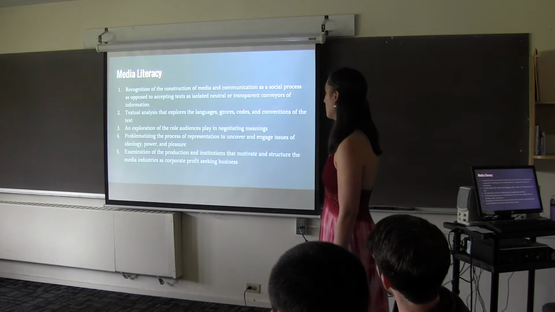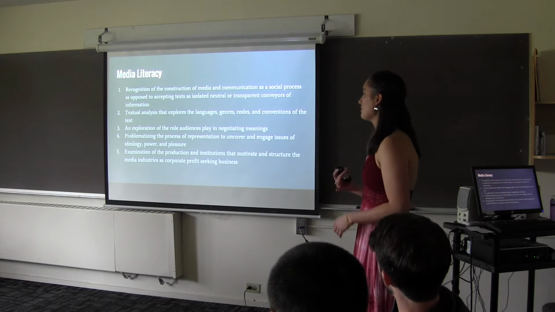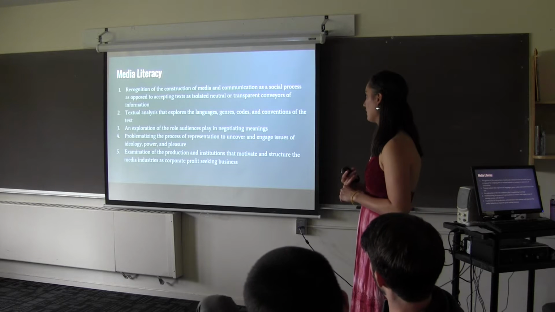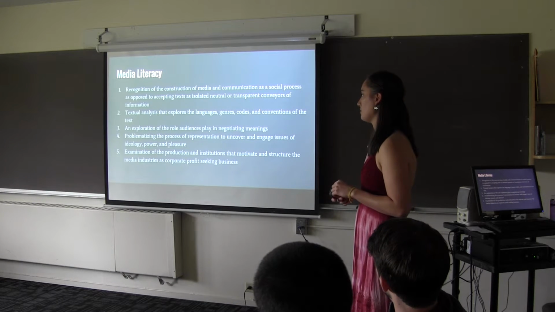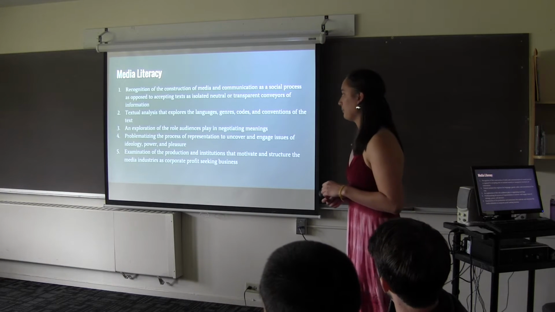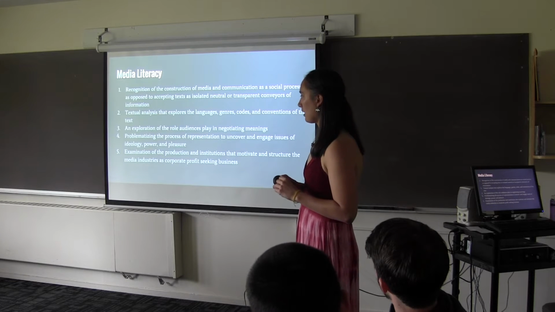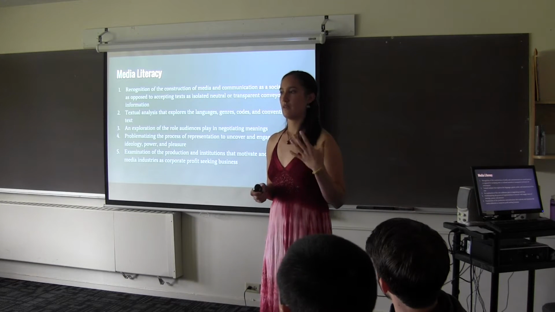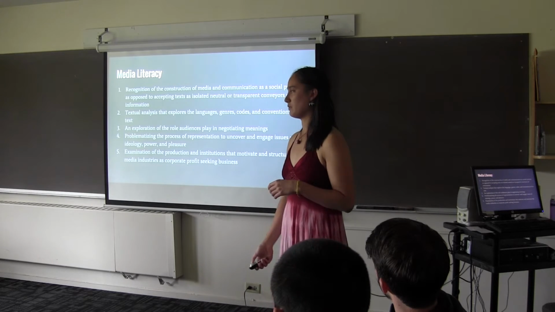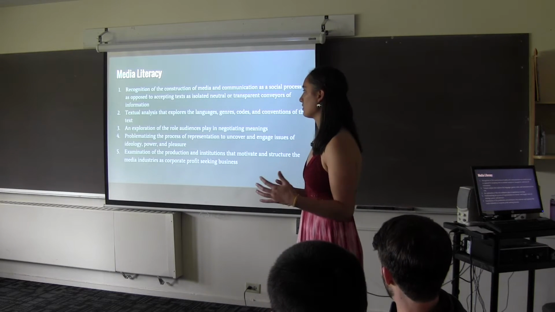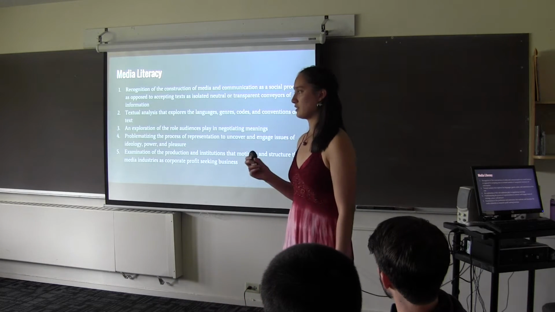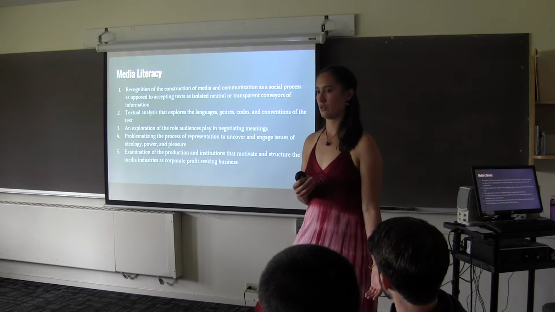The fourth piece to media literacy is problematizing the process of representation to uncover and engage issues of ideology, power, and pleasure. And this part of the definition of media literacy is actually more of a newer piece to the definition of media literacy. The first three have been there probably since about 30 years ago. This one I started seeing within the last 10 years or so.